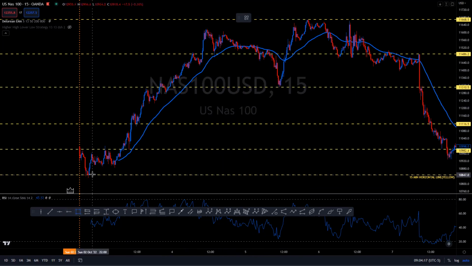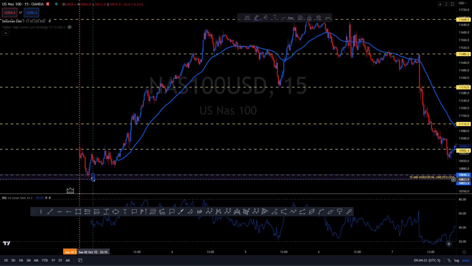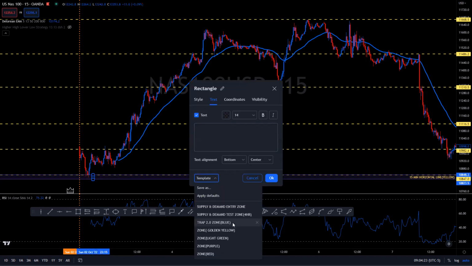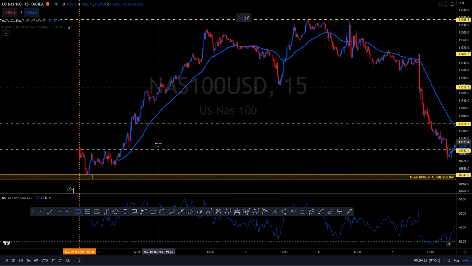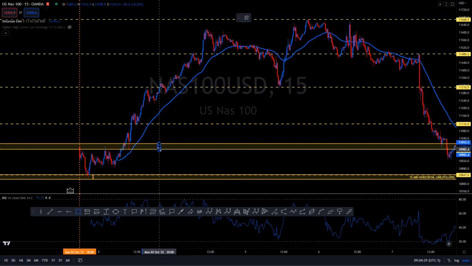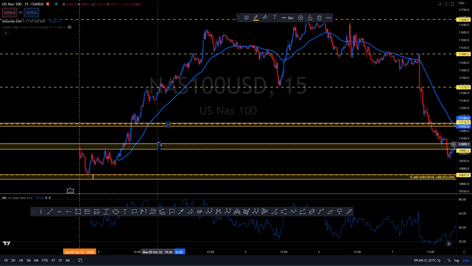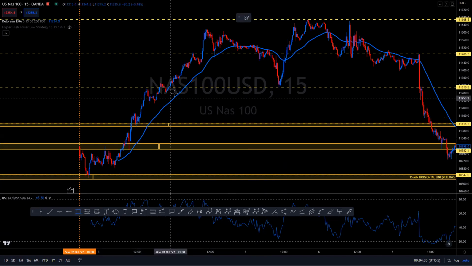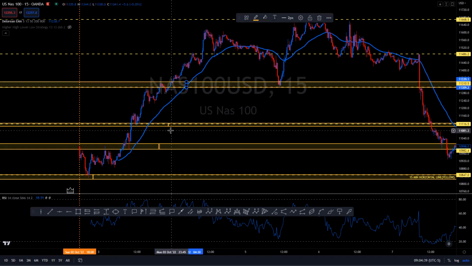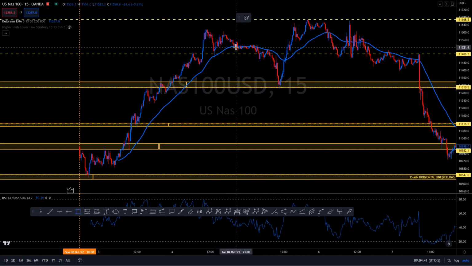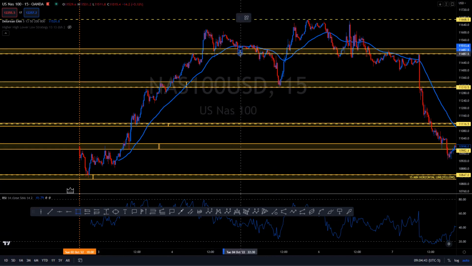So now what we're going to do is mark up supply and demand zones. So let me make this yellow. And this is what we're pretty much going to do from the 15-minute time frame to the 4-hour time frame. And then when we scale back to the 15-minute time frame, we do a little bit of touching up, a little bit of marking up to further evaluate where more likely price is going to go.